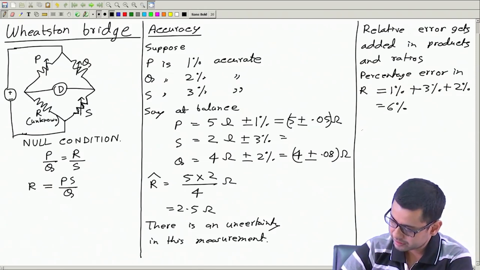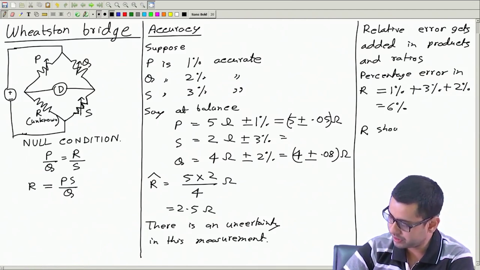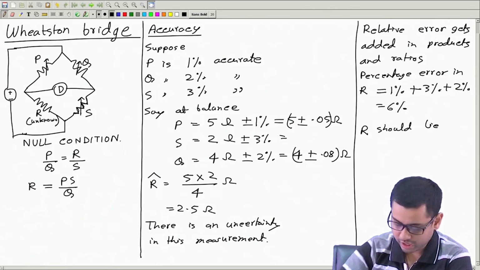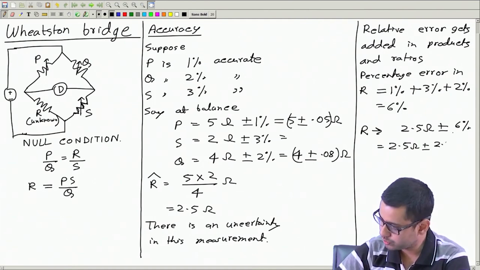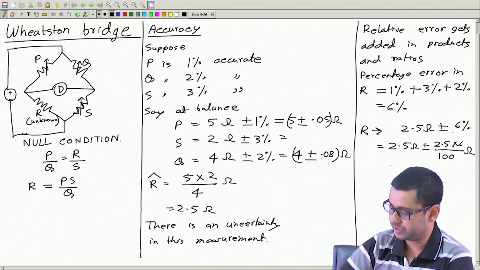So, R should lie between 2.5 ohm plus or minus 6%, which is 2.5 ohm plus or minus 2.5 into 6 by 100 ohm, and you can calculate what this value is.